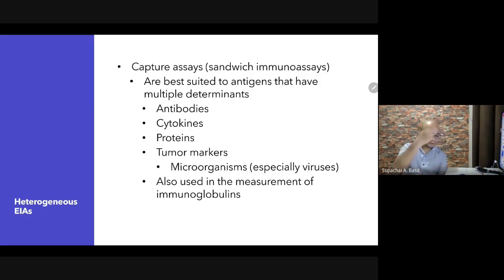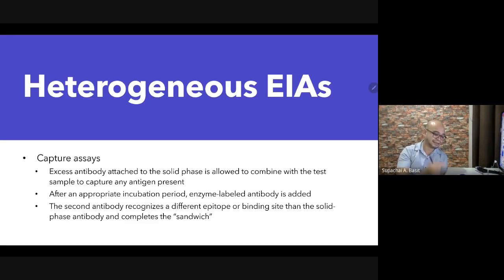We also have the capture assay, which is also known as the sandwich immunoassay. Sandwich immunoassays are best suited to antigens that have multiple determinants. It can detect antibodies, cytokines, proteins, tumor markers, and microorganisms, particularly viruses, and it is also used in the measurement of immunoglobulins.